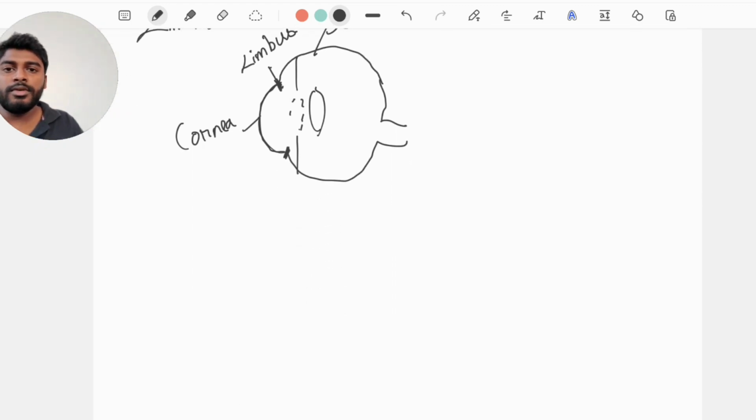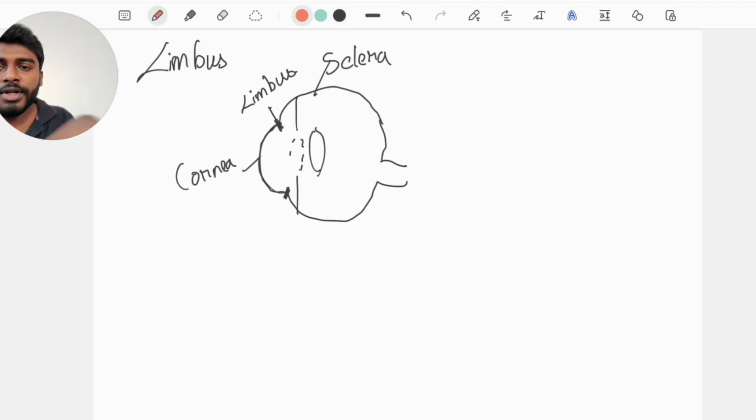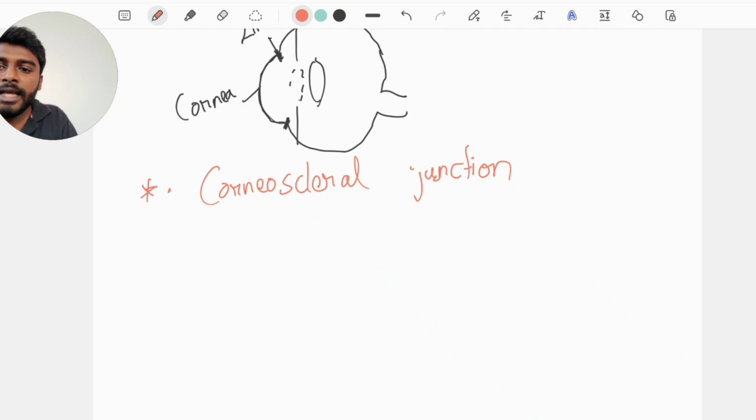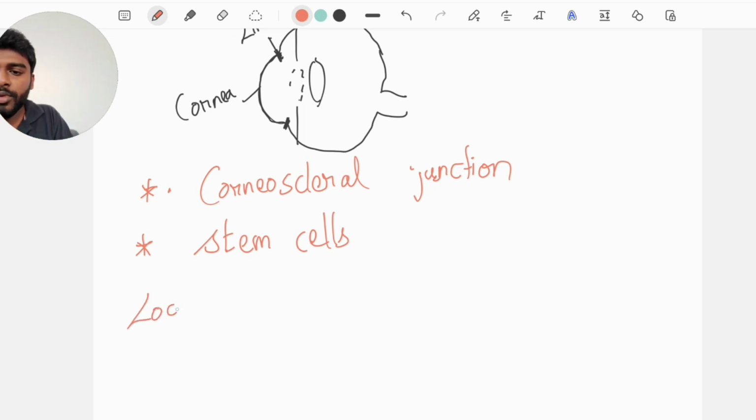From this we are going to study our first point. It is also called the corneoscleral junction, and it has a special type of cell called stem cells. It has stem cells in it. And location, we'll move on with the location.